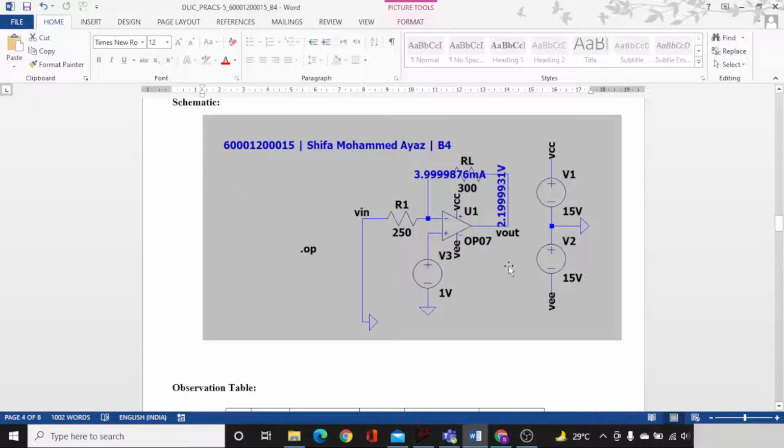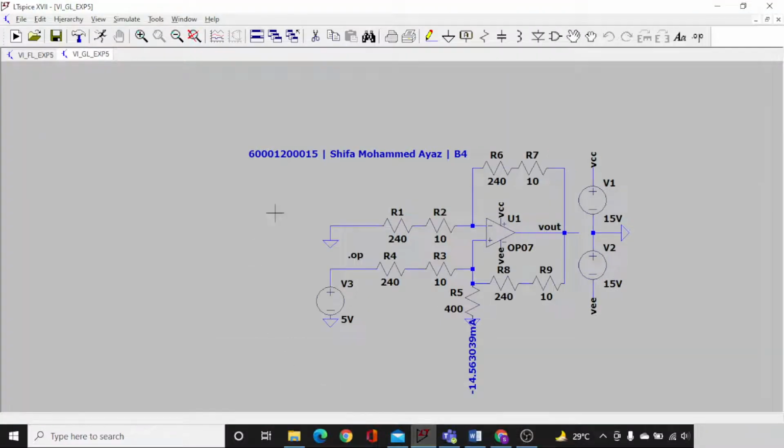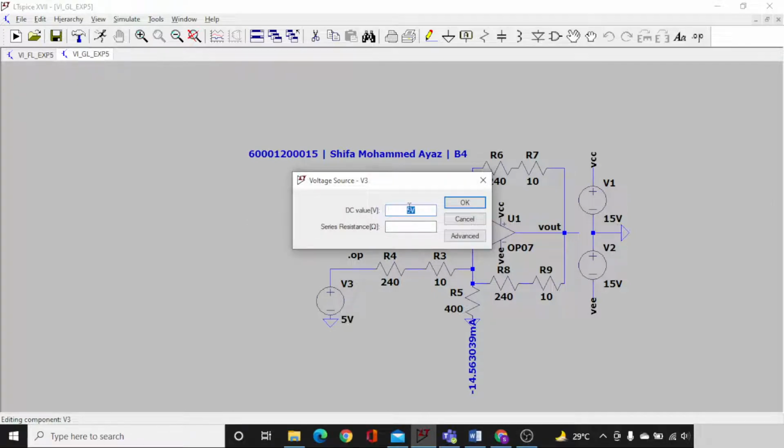So in the floating load case, let me launch my LTspice and show you. Okay, so this is how my floating load V to I converter looks like. Let me give this voltage source 1 volt.